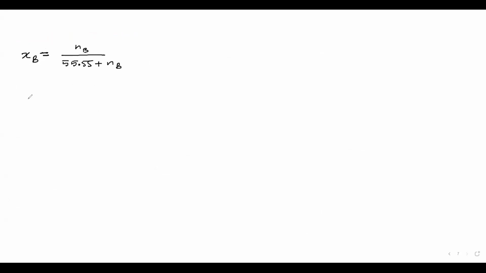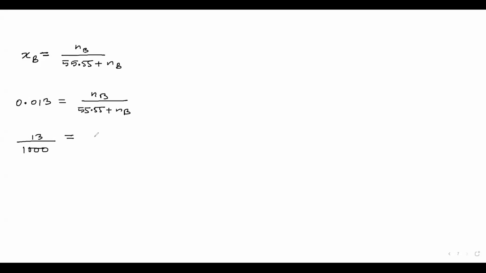Now, we know chi B is 0.013. That is equal to NB upon 55.55 plus NB. Now, how to solve this? Just see, I can write 0.013 as 13 by 1000, correct?